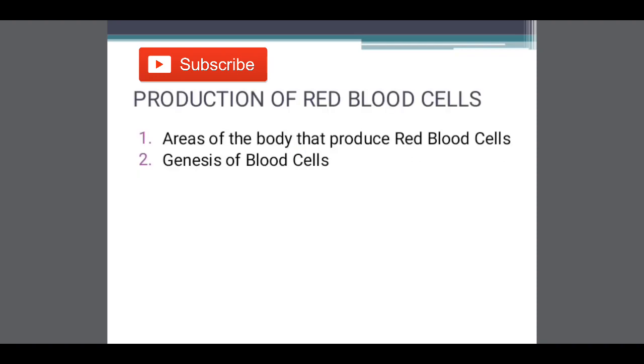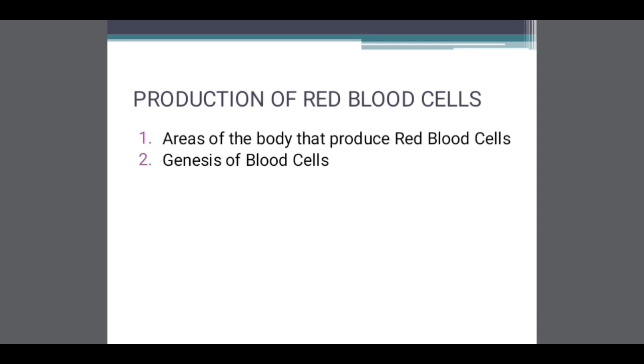Now let's look at how red blood cells are produced, production of red blood cells. Under this, we're going to be discussing two topics. Number one, we're going to look at the areas of the body that produce red blood cells in life, in stages. We're also going to look at the genesis of blood cells. Before we delve into the production of red blood cells, let's look at where blood cells come from.